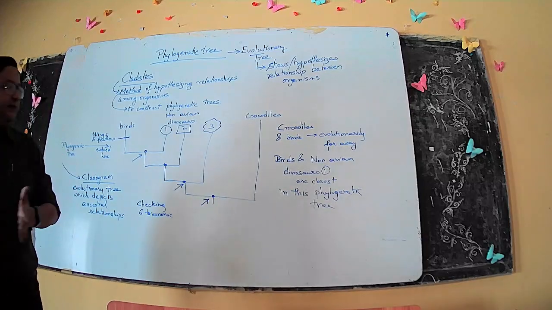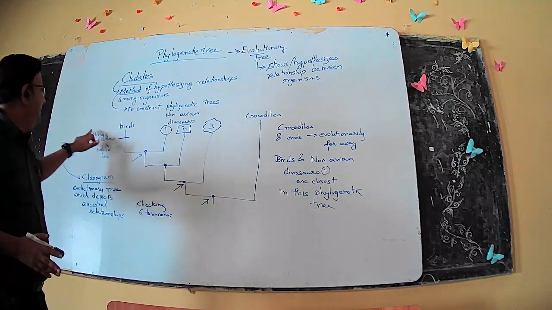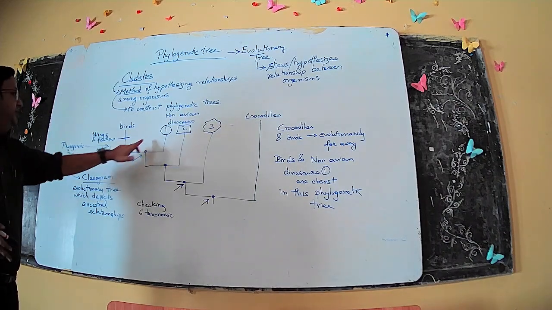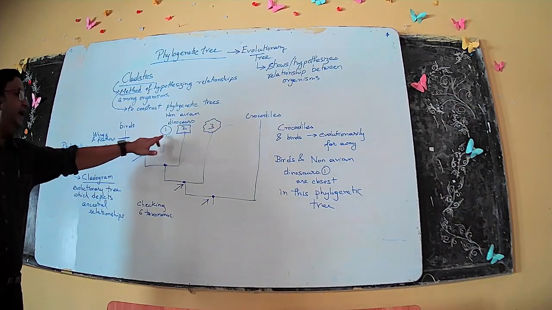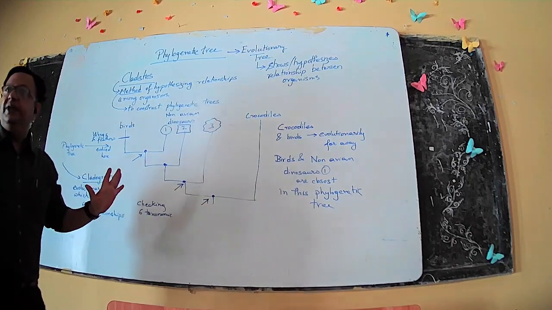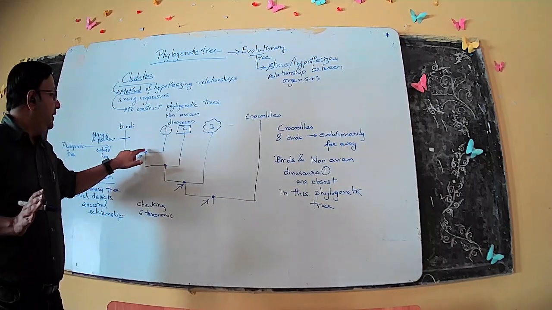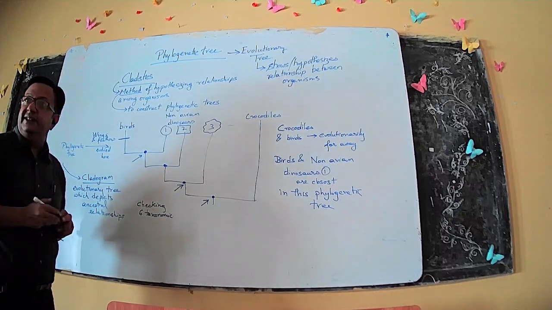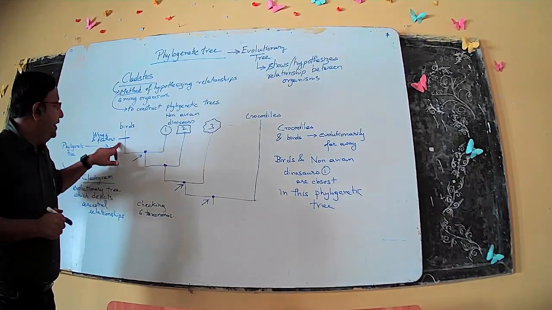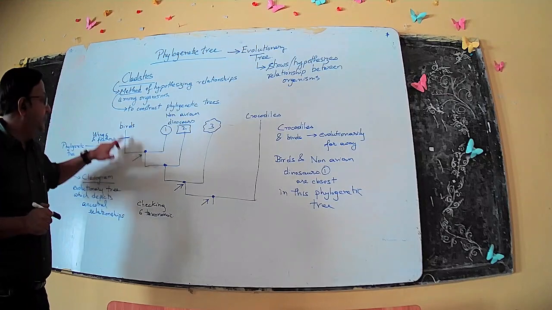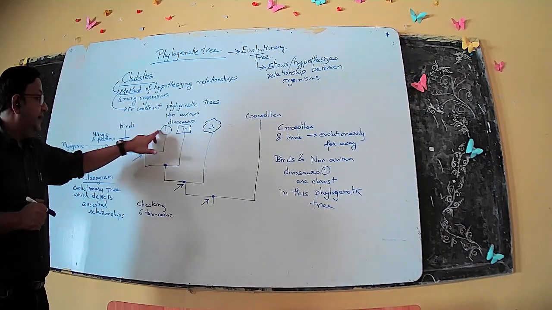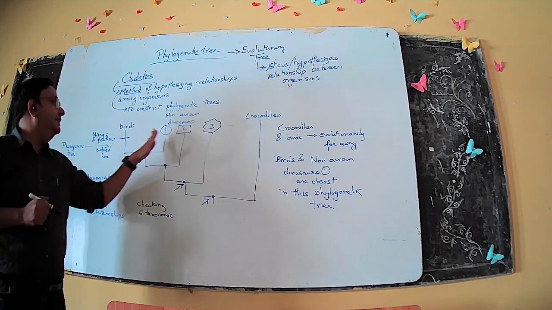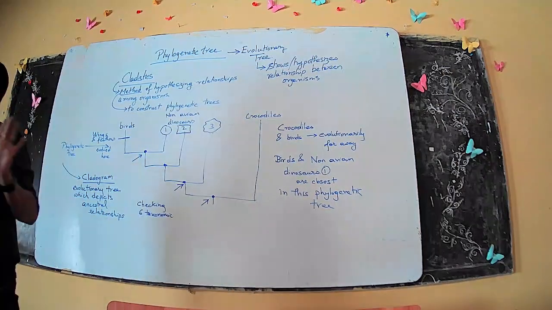On the basis of them, they can be separated. Morphology: wings and feathers. So these dinosaurs did not have wings and feathers. Their common ancestor also did not have wings and feathers. But suddenly these birds developed wings and feathers, so they became different. And this one did not have, so they remain the same. But other characters, birds and this one share together.